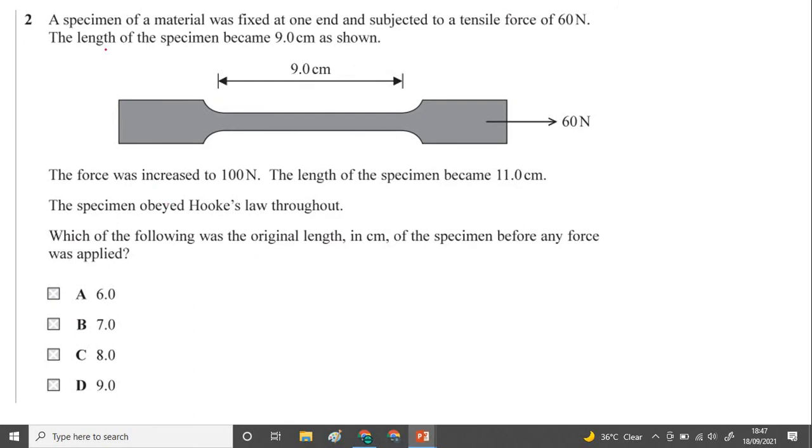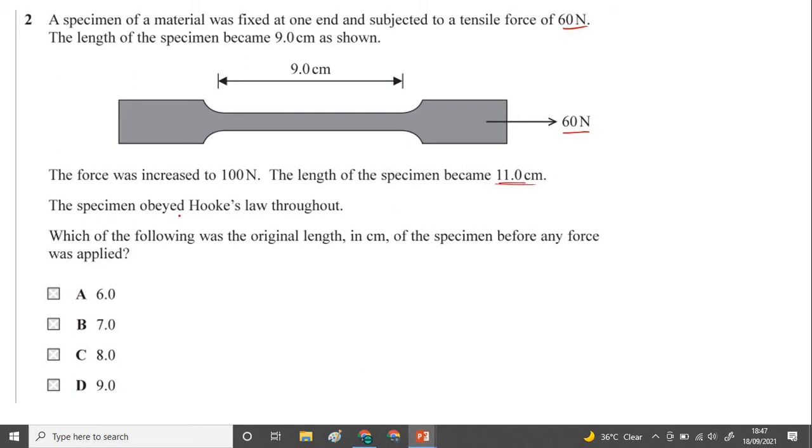Question number 2. A specimen of a material was fixed at one end and subjected to a tensile force of 60 Newton. The length of the specimen became 9 centimeter as shown. The force was increased to 100 Newton and the length became 11 centimeter.